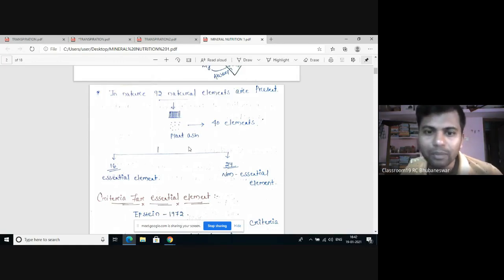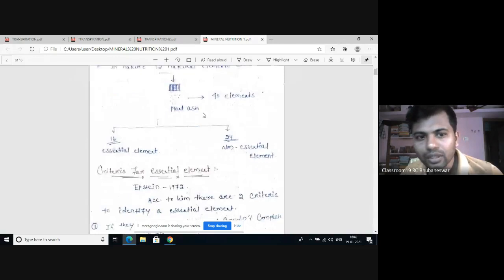Out of the 40 elements, 16 are essential for the plant, without which the plant cannot complete the life cycle, and 24 are non-essential. If these elements are present or absent in the soil, the plant can still complete the life cycle. So out of 40 elements, 16 are essential and 24 are non-essential.